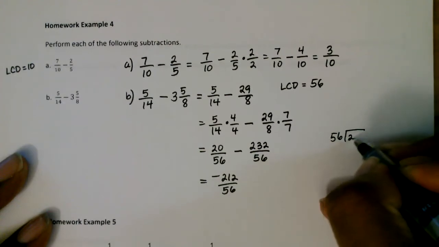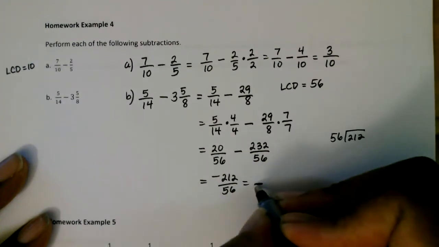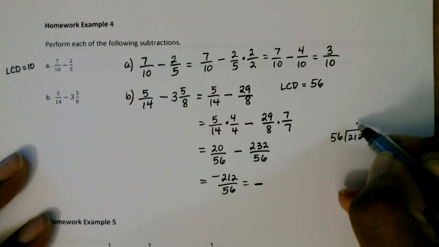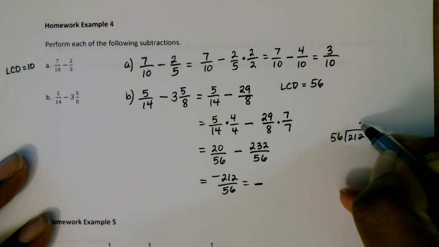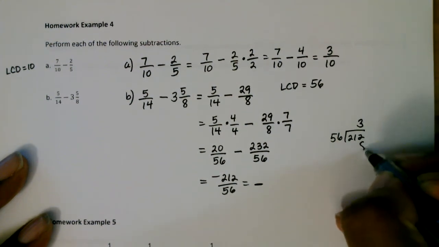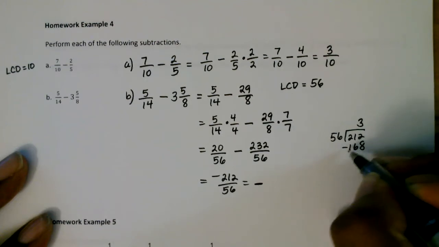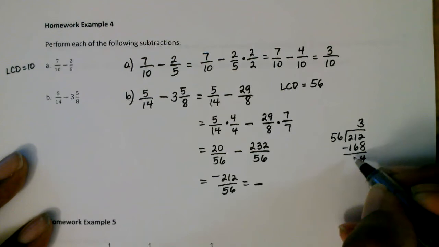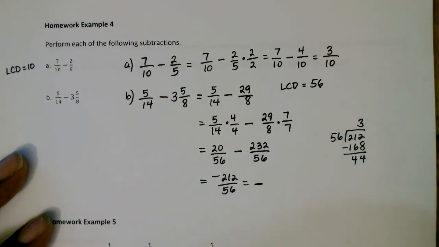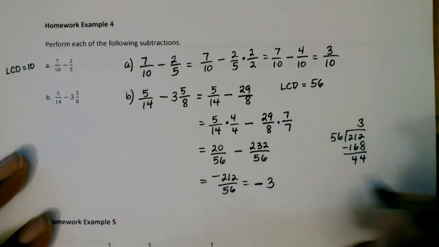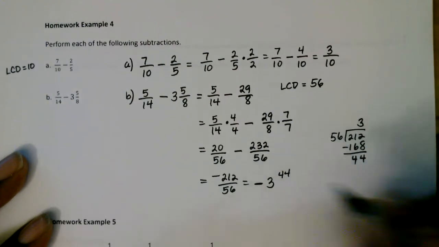And I know that it will be negative. 56 goes into 212, I'm going to say 3 times. 3 times 56 will be 168. 168 from 212 will be 44, which is less than 56. So my whole number is going to be 3, and it will be negative 3 and 44 over 56.